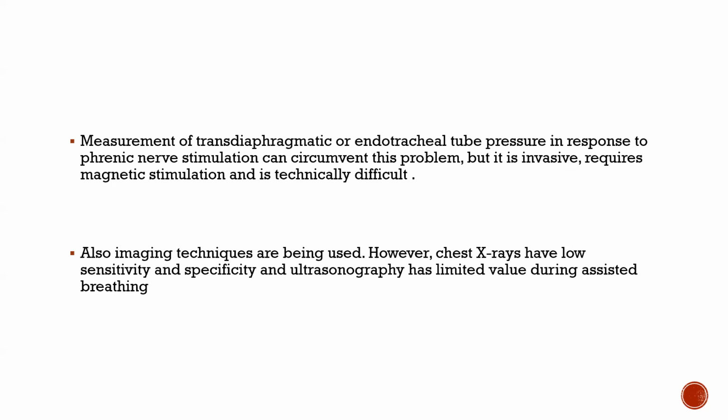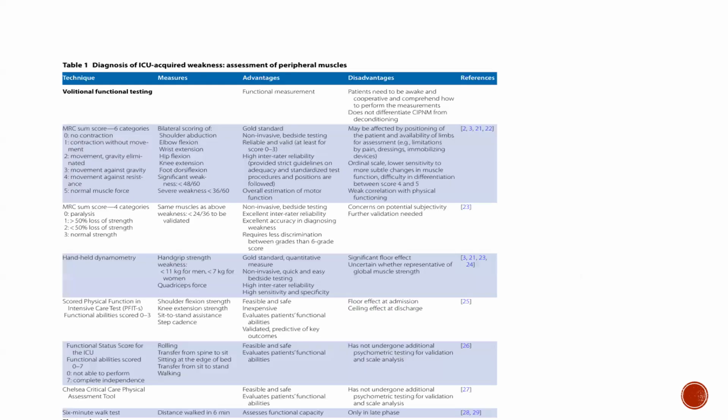Also, imaging techniques are being used. Chest X-ray has low sensitivity and specificity, and ultrasonography has limited value during assisted breathing. So this table is representative of the diagnostic modalities that we have discussed and which can be used in the assessment of the peripheral muscle.